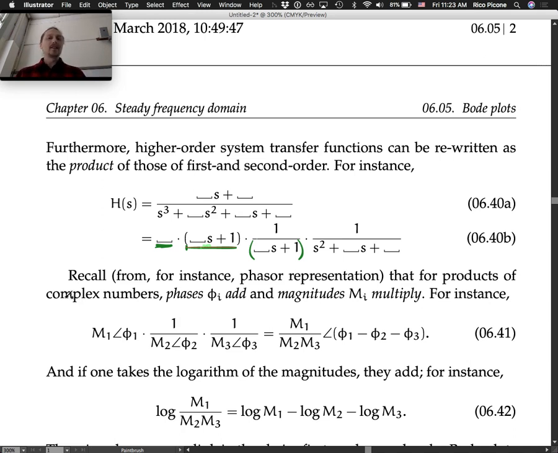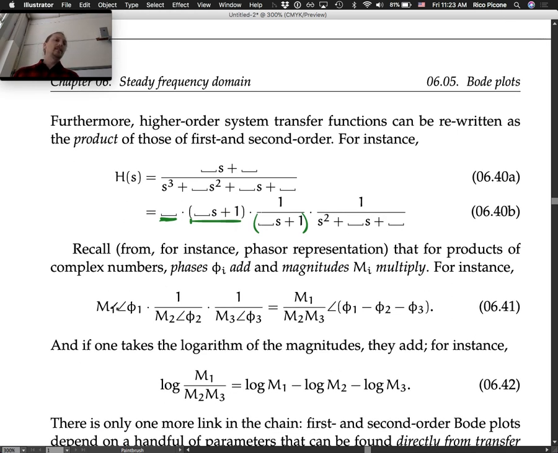Recall from, for instance, phasor representation of things, that for products of complex numbers, phases phi add and magnitudes m multiply, right? So we remember that. For instance, if we had a magnitude of something, so magnitude m1, phase phi 1, this is like a phasor form of something. This is representing, say, these two together.